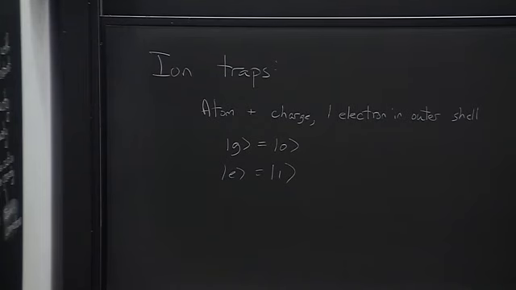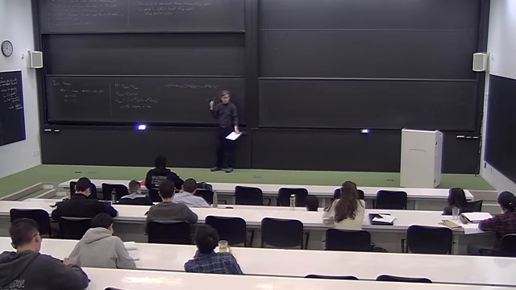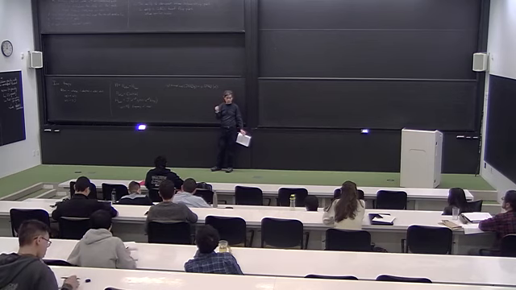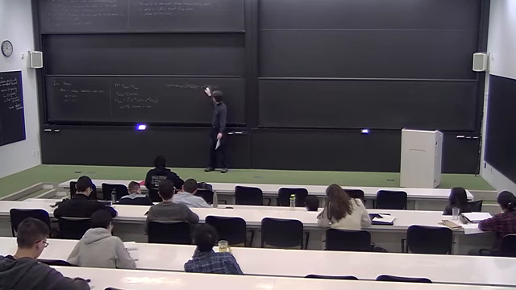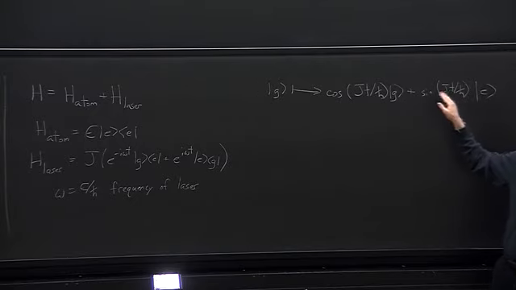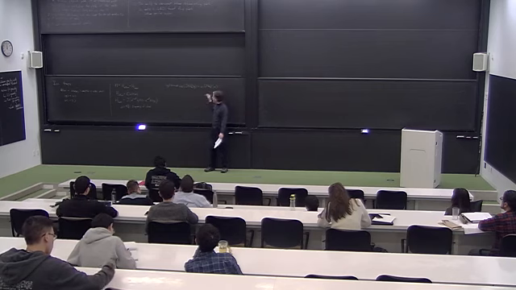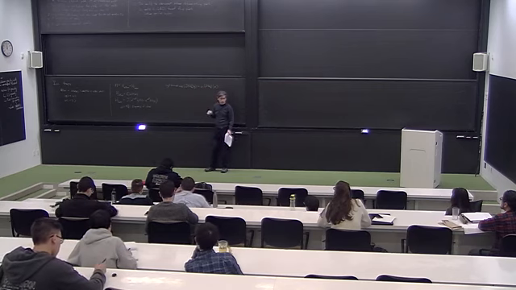So you have a cosine and a sine. So this is just simple differential equation solving. At time 0, we have just the ground state. As time passes, we get more and more excited state until we have all excited state. And then it starts to go back to the ground state.